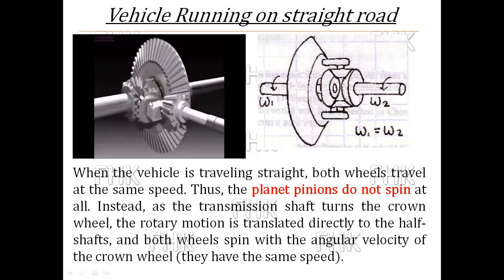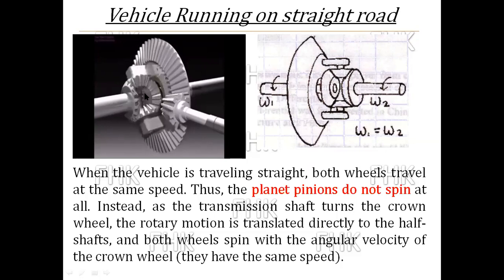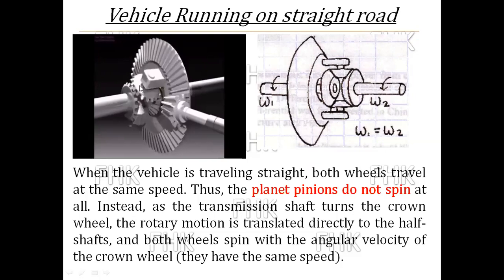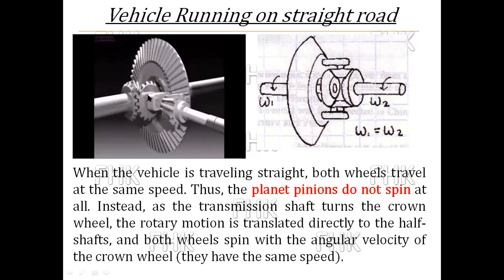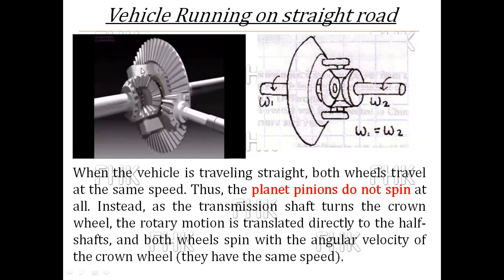There is no relative motion between these planet pinions and the crown wheel. These are stationary with respect to the crown wheel, with respect to this cage. With respect to the cage, these are not spinning, these are not rotating.